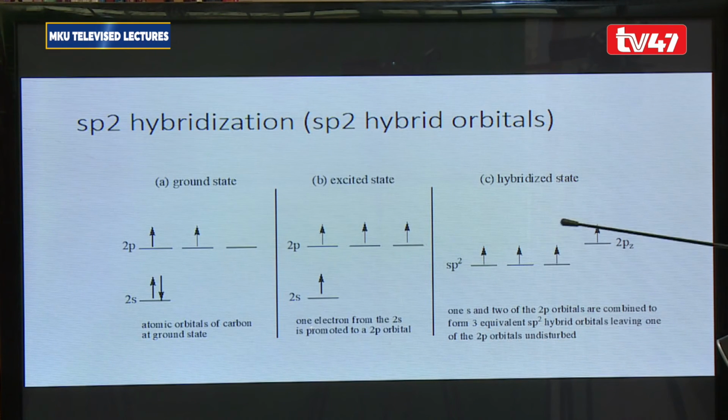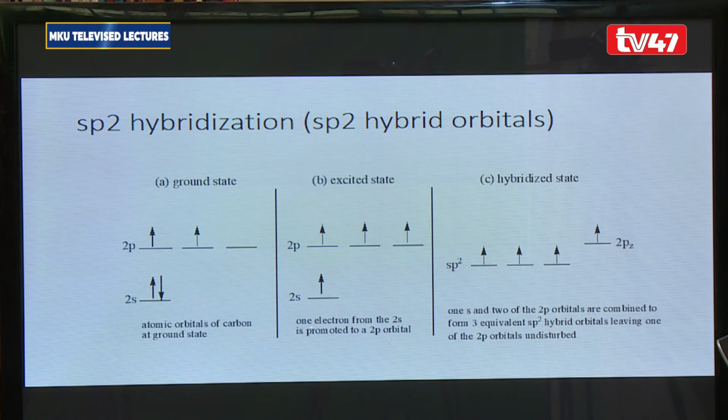But in sp2 hybridization, only 2 of the p orbitals are able to mix with the s orbital, so that 1 of the p orbitals is left unhybridized. A p orbital in an unhybridized state generally forms pi bonds. So in this case, we have the capacity of forming 3 sigma bonds and 1 pi bond.